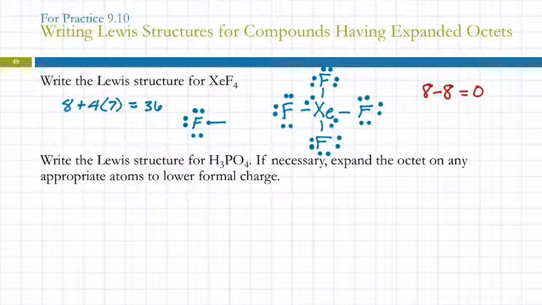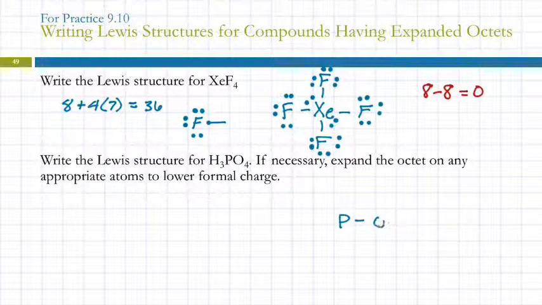So let's do phosphoric acid. Again, this is an oxyacid. So the phosphorus will be the central atom.